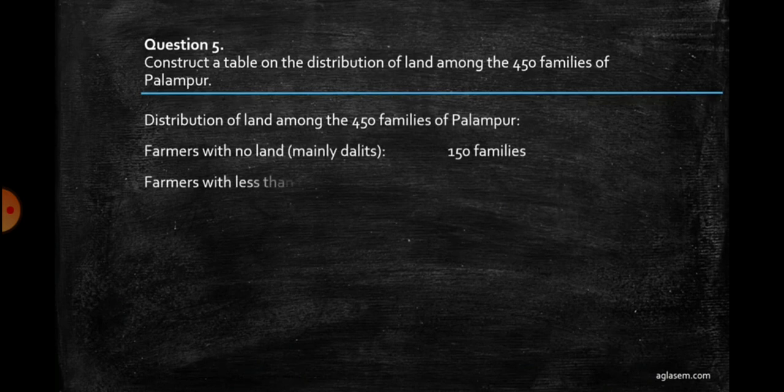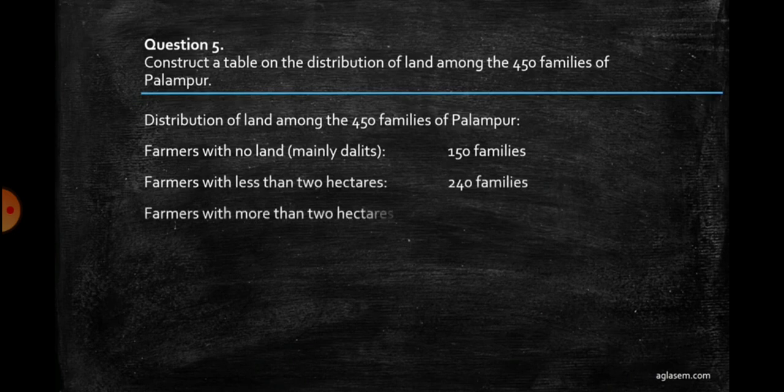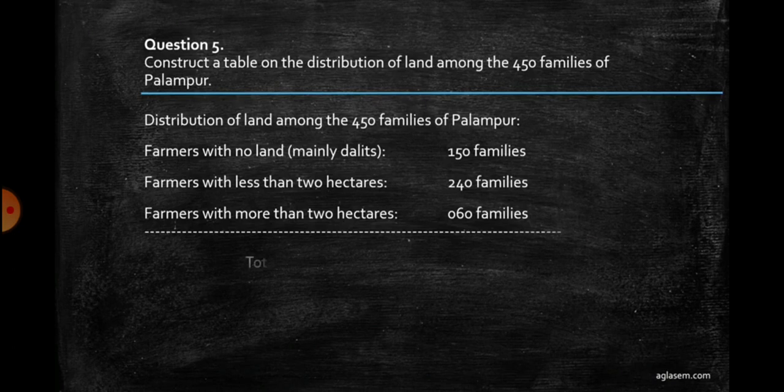Farmers with less than 2 hectares, 240 families. Farmers with more than 2 hectares, 60 families. The total 450 families. Here we will write total 450 families.